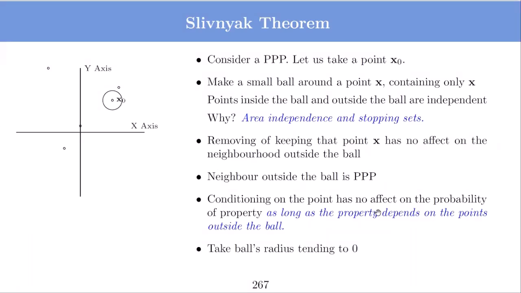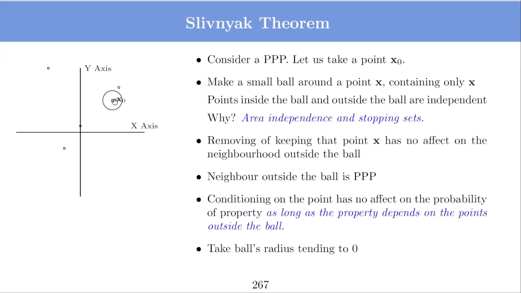So how do we prove this? I will not go through the complete proof, but I'll give a sketch. Consider a PPP. Let us take a point x0 and make a small ball around x0, obtaining only x0 inside the ball. Points inside the ball and outside the ball are independent.